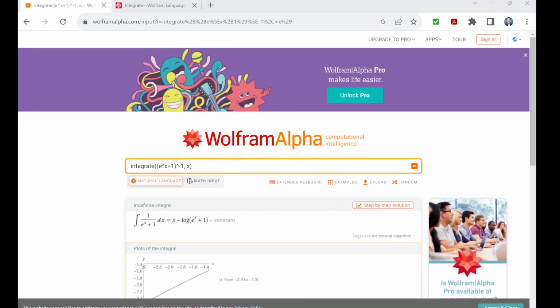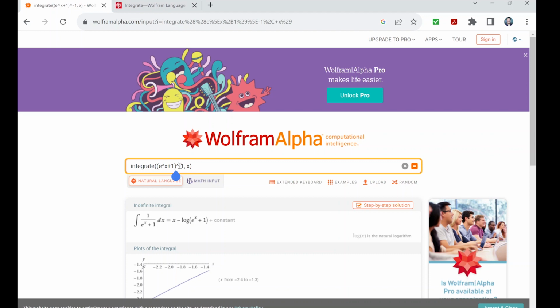So let's take a look at Wolfram Alpha here. Now Wolfram Alpha is pretty good at interpreting what you want it to do. You could see here that I input this into Wolfram Alpha. Now I'm basically telling it to integrate this function.